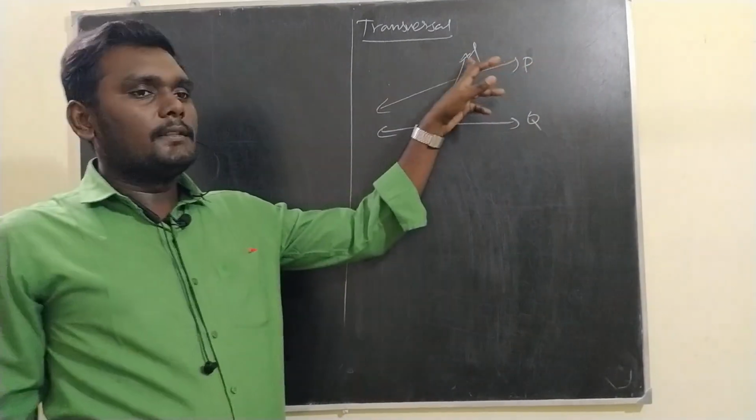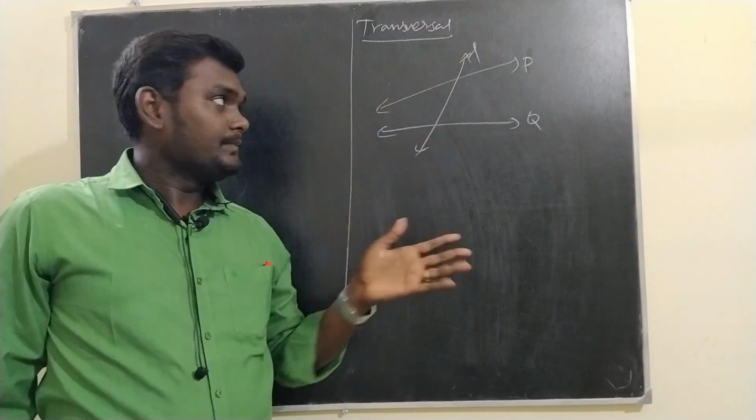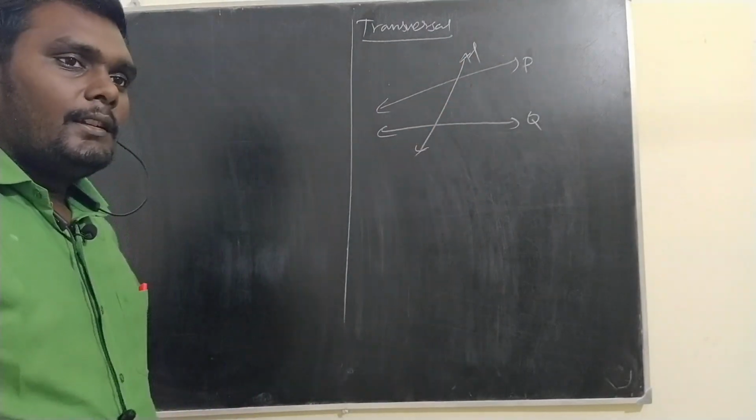See here, this line L intersects P and Q. So we call this a transversal.